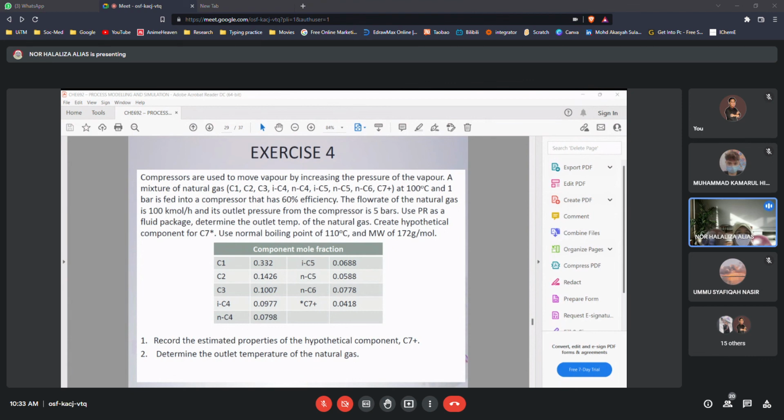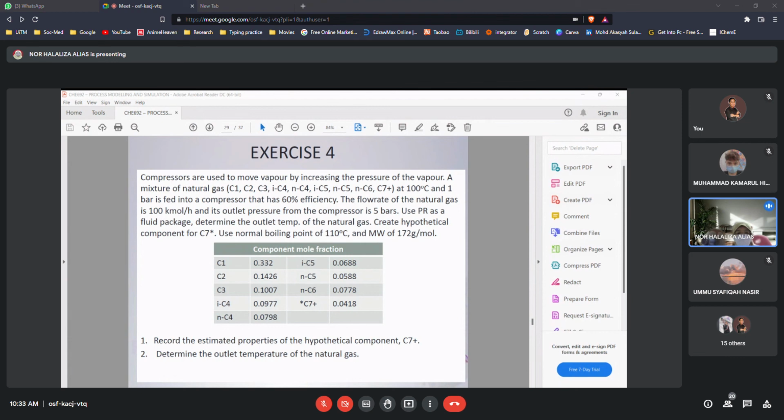A mixture of natural gas. Mixture means you hanya ada satu stream, which consists all natural gas, C1, C2, C3 ni lah, methane, ethane, propane, butane, pentane, semuanya dan juga kita ada C7 plus, at 100 degree C and 1 bar is fed into compressor which has the efficiency of 60%.